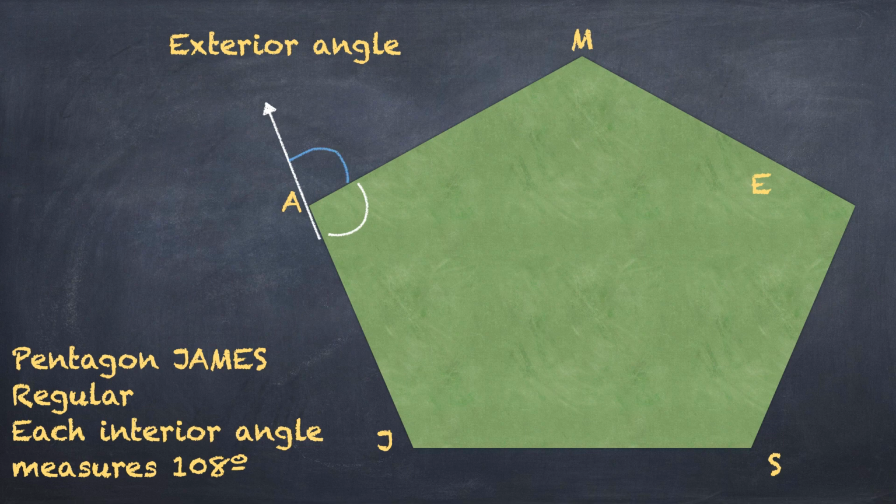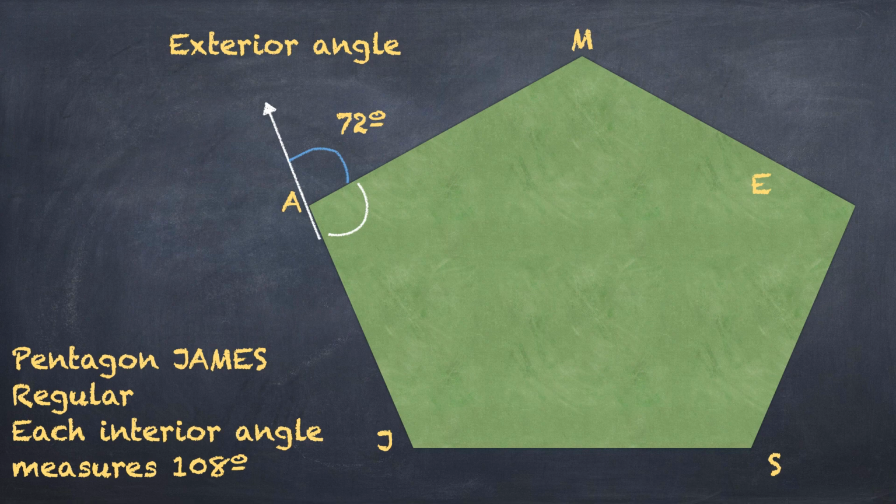They form a linear pair. That means that each one of these adds up to 180. So 108 plus 72 gives me 180.